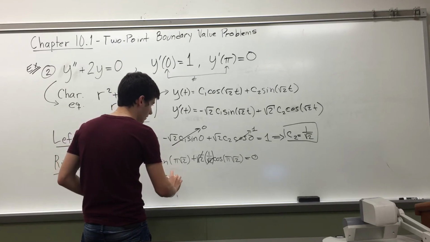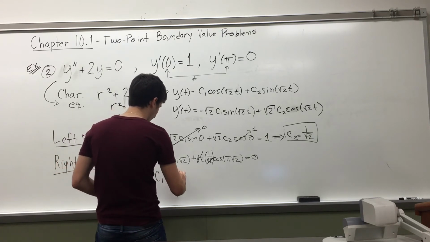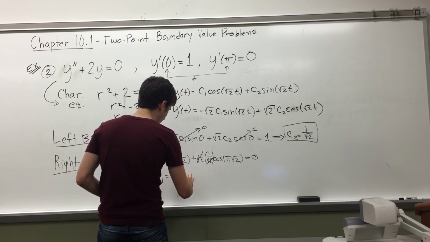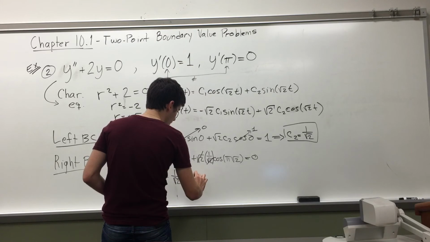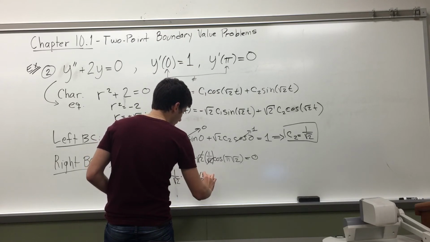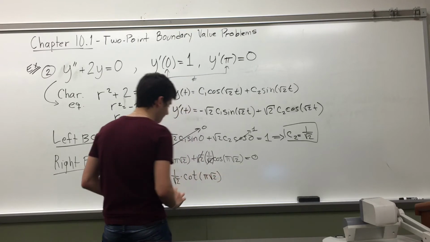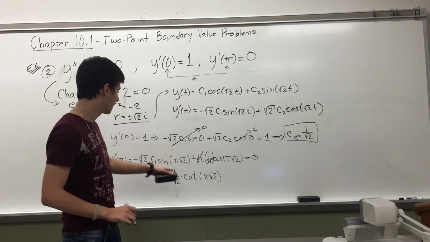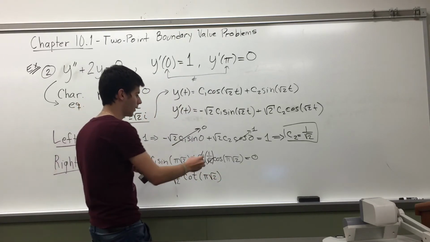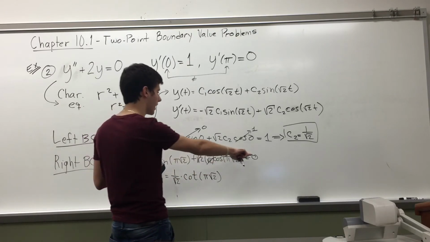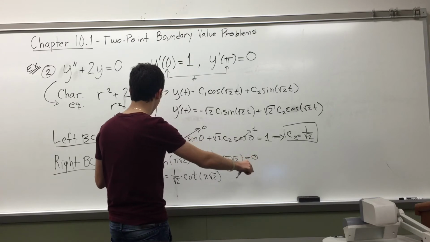c1 is equal to 1 over the square root of 2 times the cotangent of pi square root of 2. And this we get by, if we subtract this cosine of pi square root of 2 on both sides, this is going to become negative.